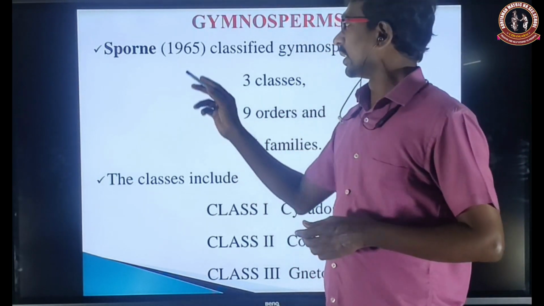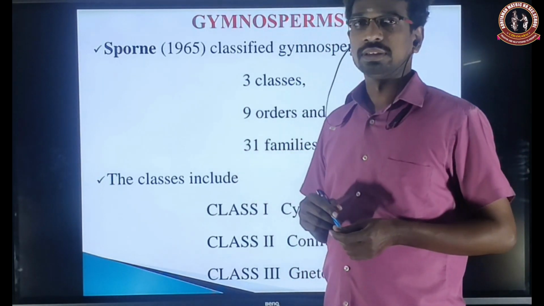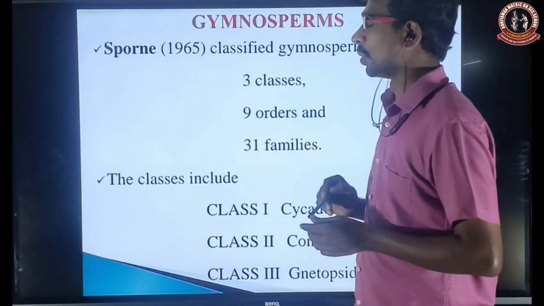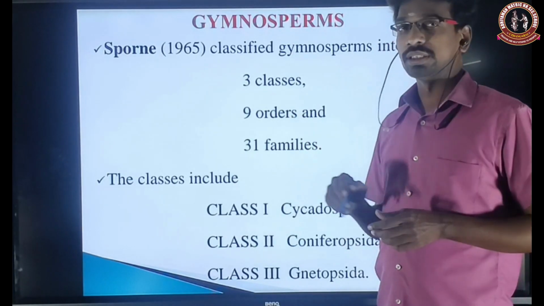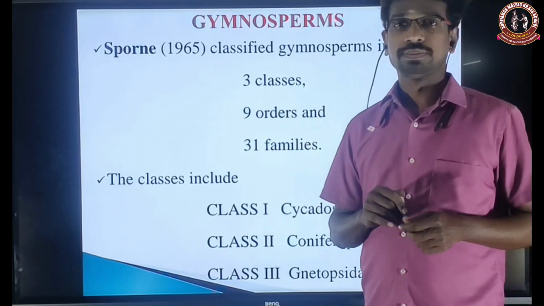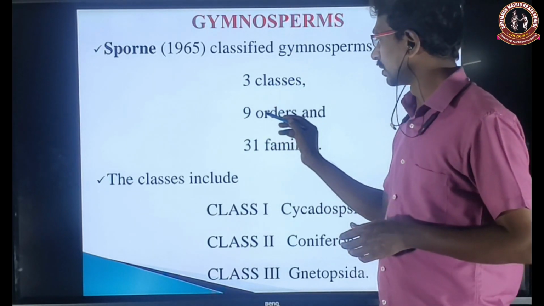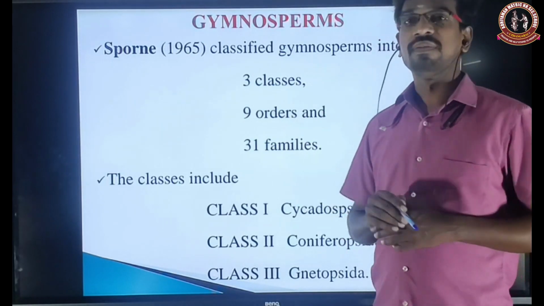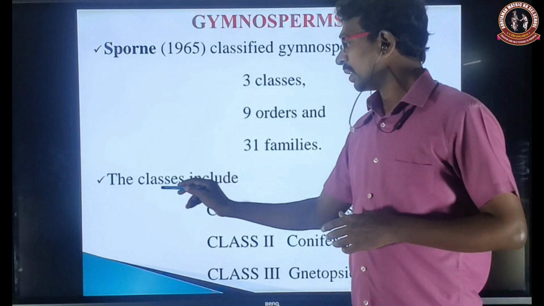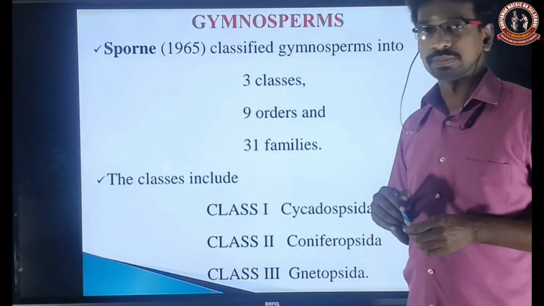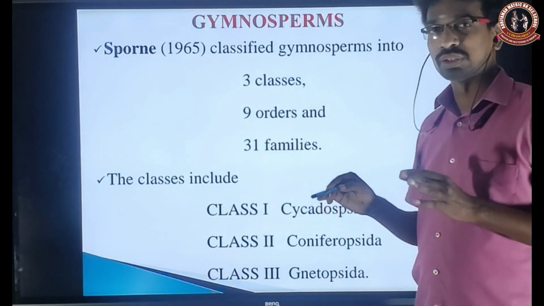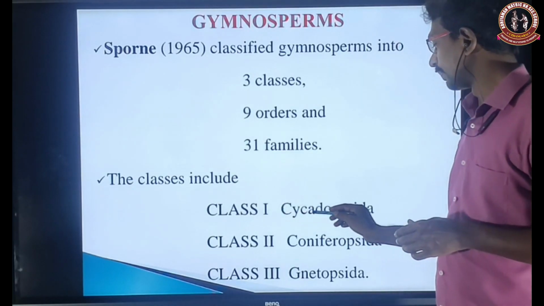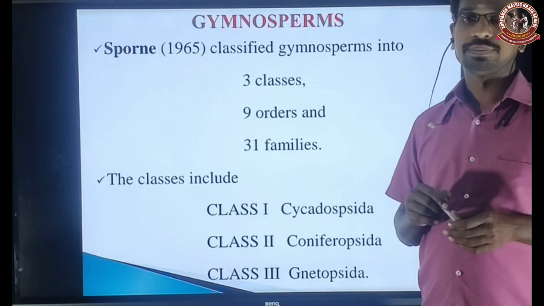Sporne, in 1965, classified gymnosperm into 3 classes, 9 orders, 31 families. According to Sporne, the gymnosperm are classified into 3 classes: Class 1, Cycadopsida.